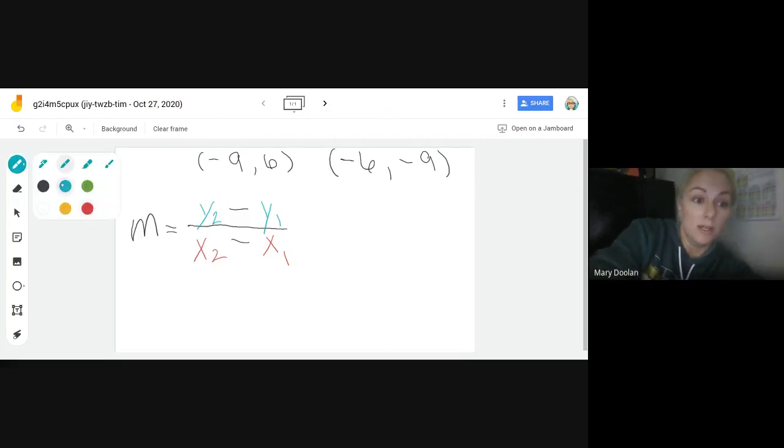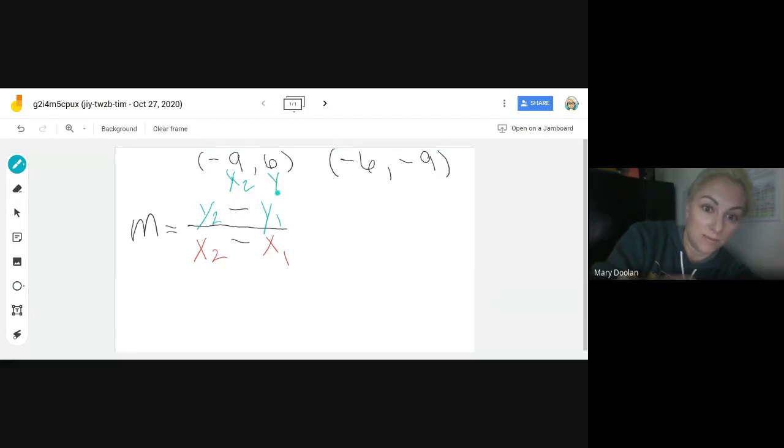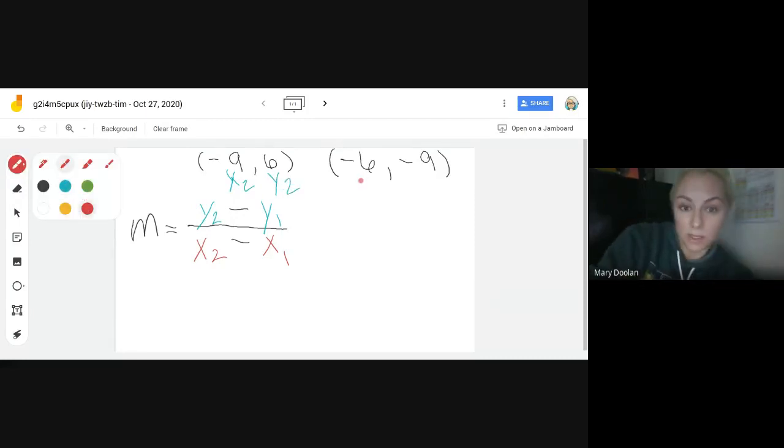It doesn't matter. I'm just going to make this one x1, and I'm using the wrong color. So let's make this one x2 and y2, since I'm already on blue. And then we're going to make this one x1 and y1.